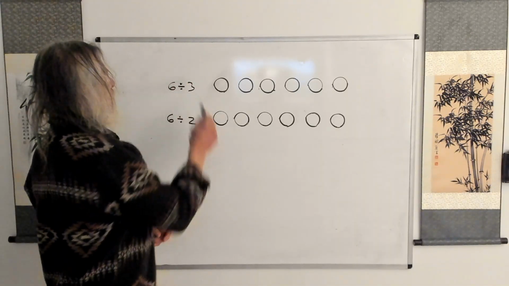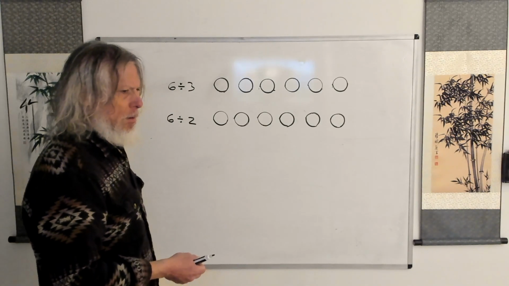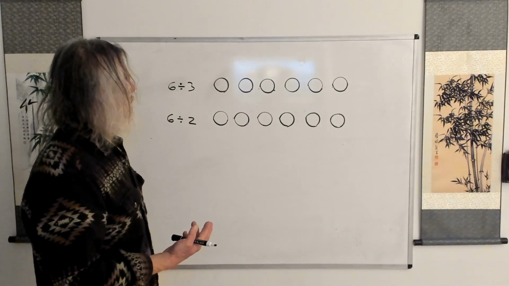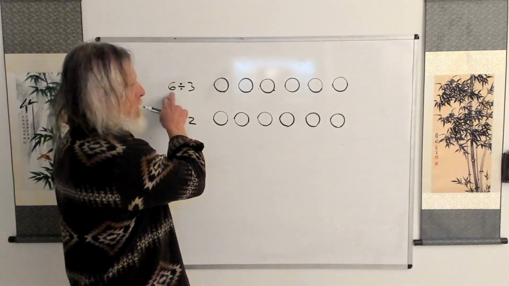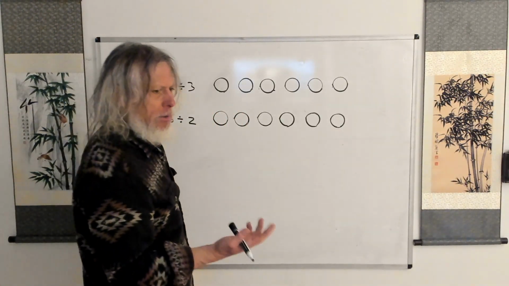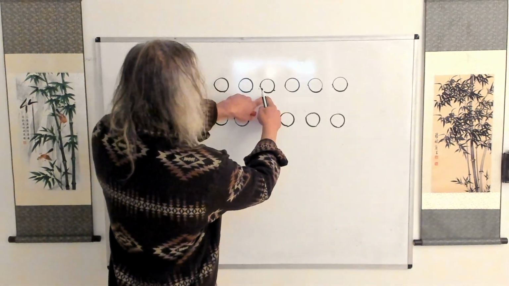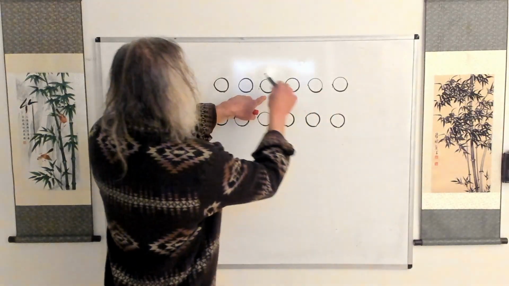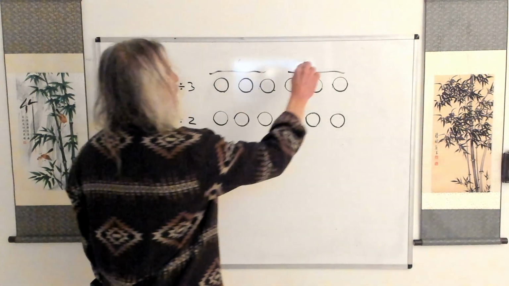6 divided by 3. We can think of that as 6 divided in, like, you get 6 things and you want 3 in each group. How many groups are you going to have? 1, 2, 3. There's one group. 1, 2, 3. So here and here, there'd be 2 groups.